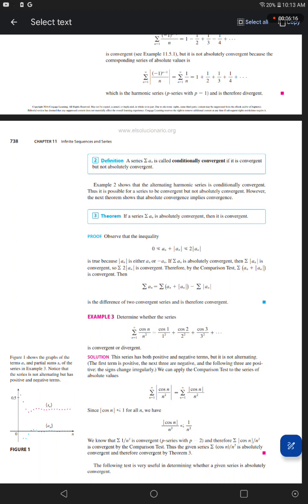Then the sum of a sub n equals the sum of a sub n plus the absolute value of a sub n, minus the sum of the absolute value of a sub n, which is the difference of two convergent series and is therefore convergent.